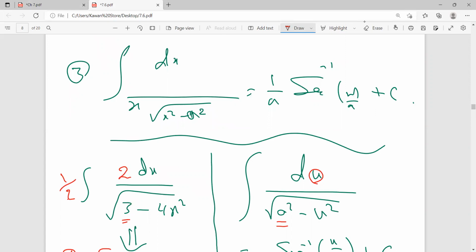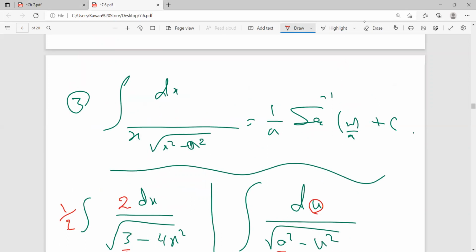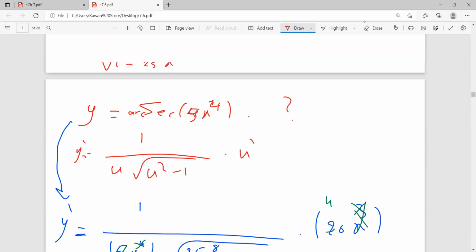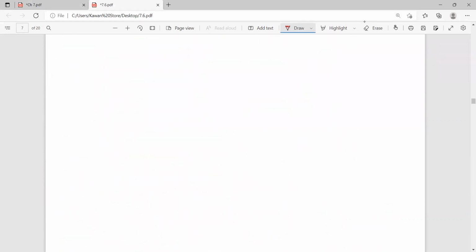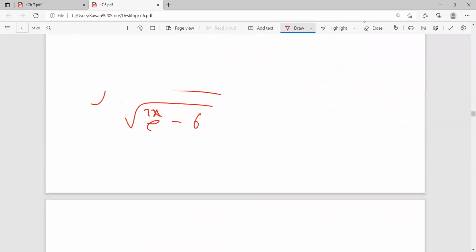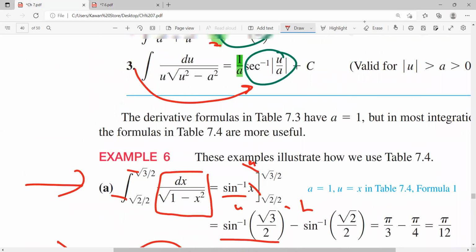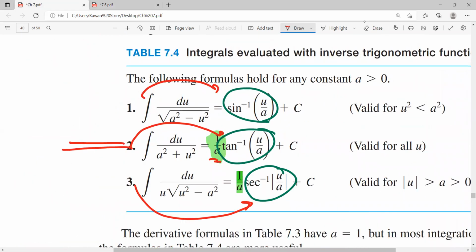So we have two things here. Careful. In the tan formula, if we go to the book, we don't have square roots. So it's not the tan inverse formula.